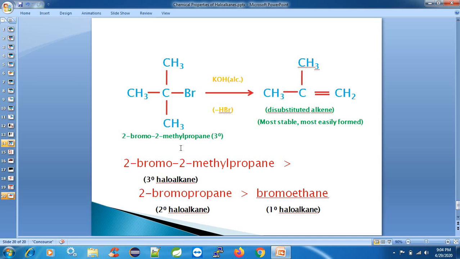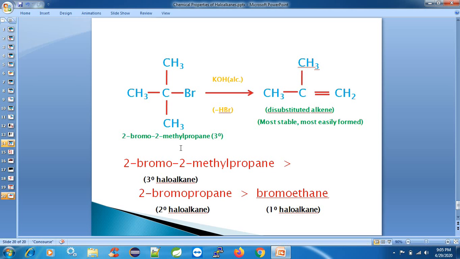When it is reacting with alcoholic potassium hydroxide, hydrogen bromide is removed, and for that 2-methylpropene is produced, which is a disubstituted alkene, and it is more stable than propene. As it is disubstituted, it is more stable. As it is more stable, it is most easily formed. It is formed most easily.